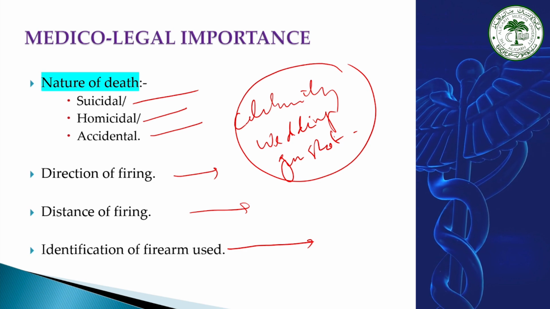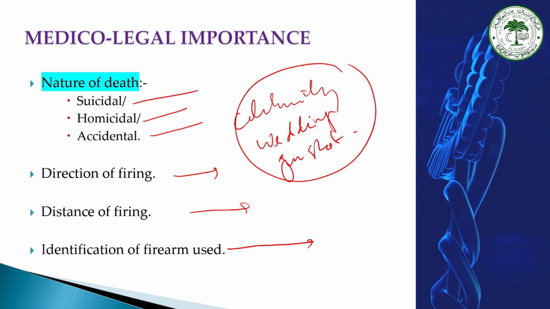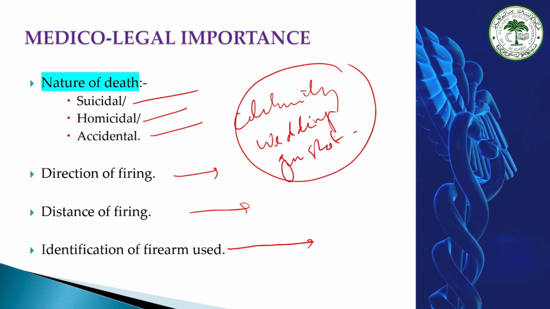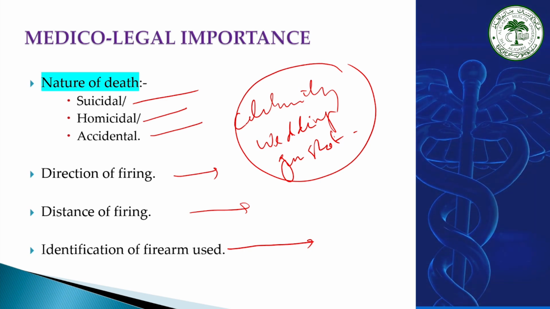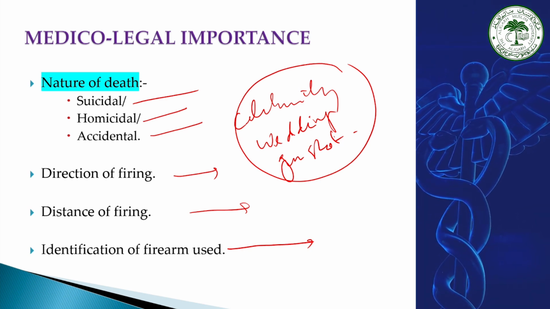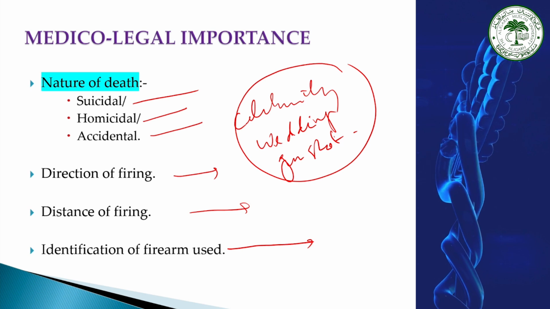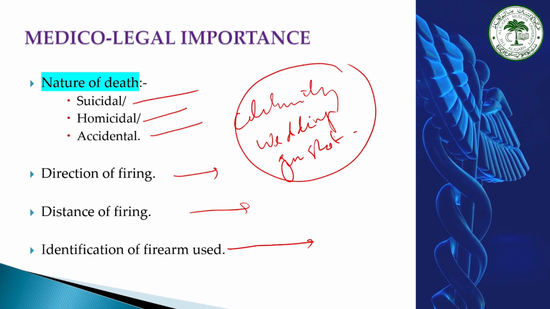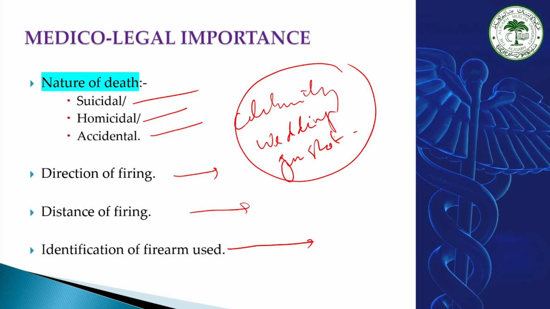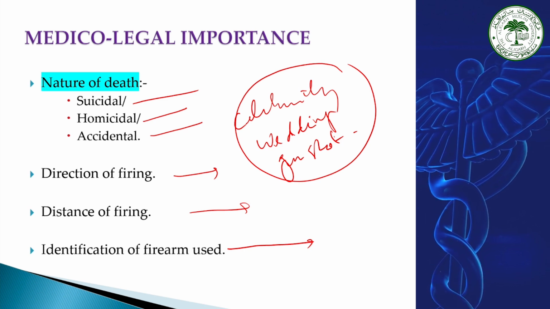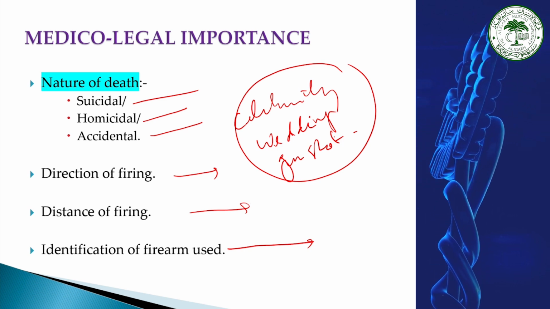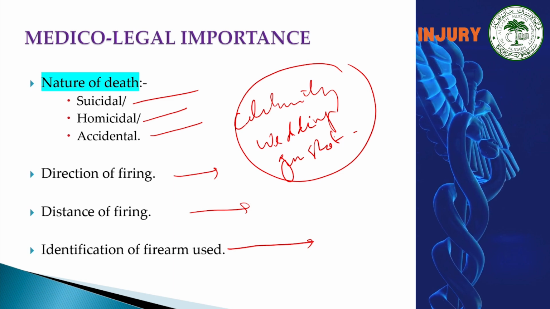These injuries are very common in India, and we will have very useful things to examine. A video will be attached later to this lecture, and you can see how the shotgun works, how the propellants work, and how the bullets are discharged.